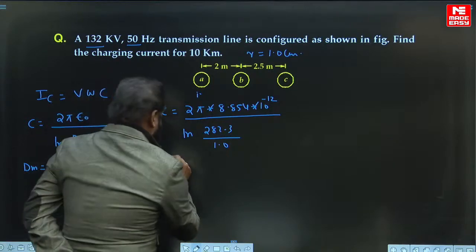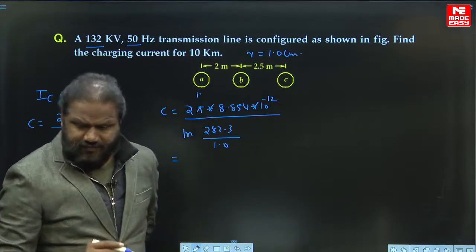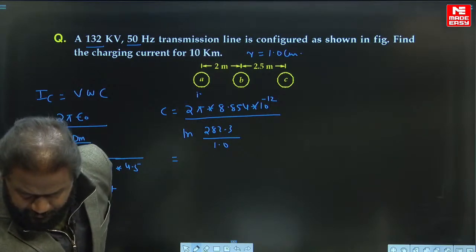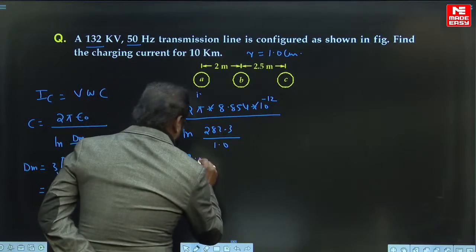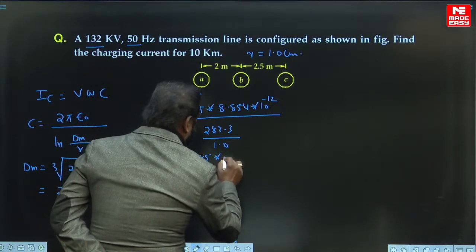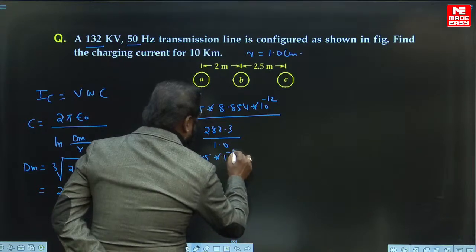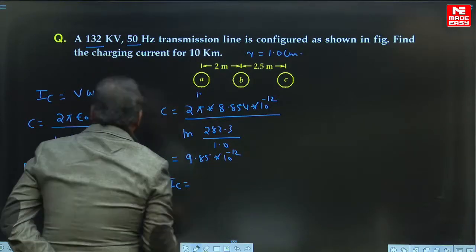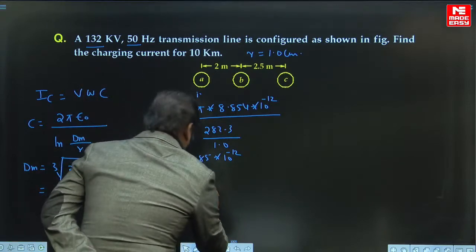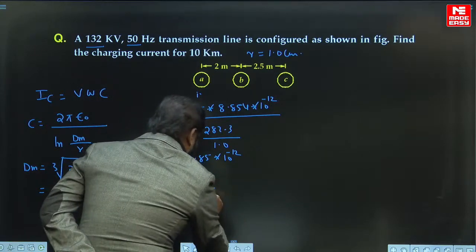So as per this, the capacitance C is equal to 9.85 into 10 to the power of minus 12. Now the charging current IC is equal to V, given as 132 divided by root 3.